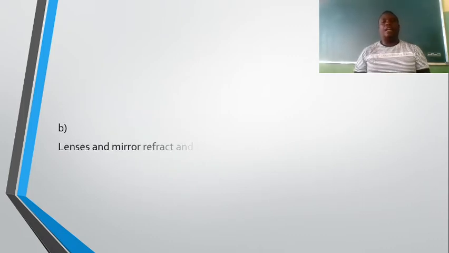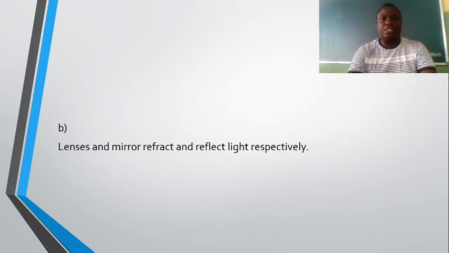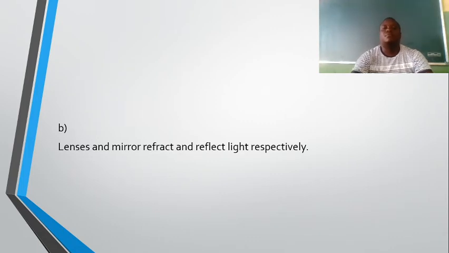On B, I have observed that lenses and mirrors are affected by light when they refract and reflect it. Here you have to pay attention, because they refract and they reflect, respectively. Lenses refract light, and mirrors do reflection. Do you remember reflection?